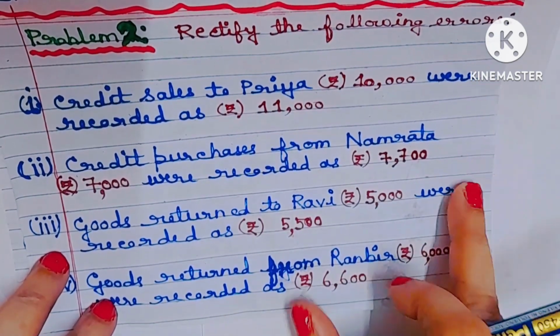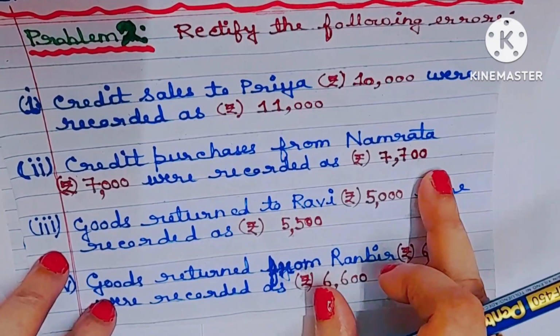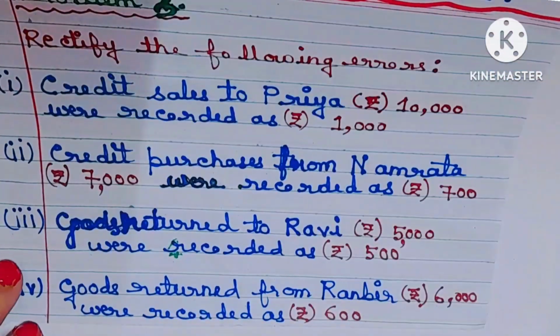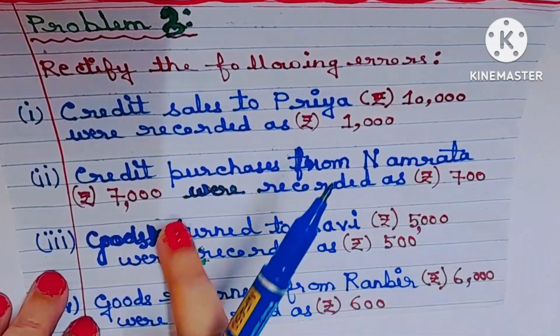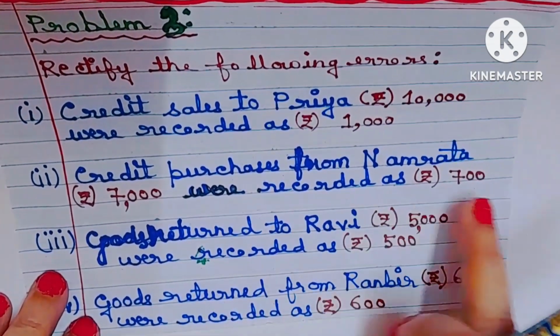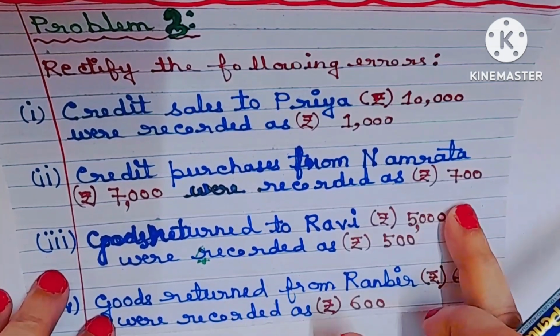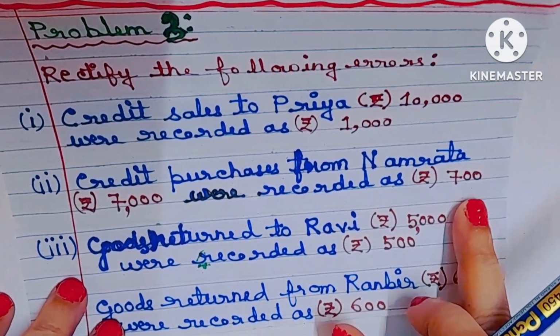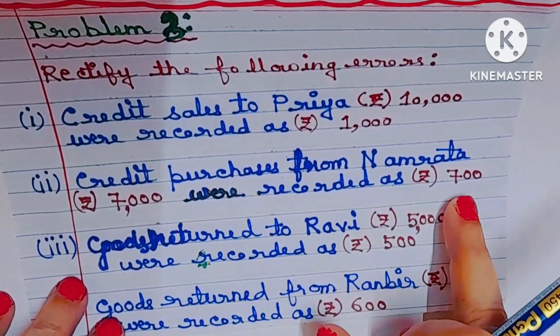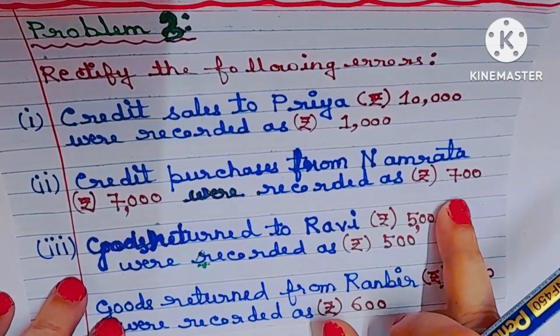But here, less amount has been recorded. See again. In this particular problem, credit purchases from Namrata 7,000 were recorded as rupees 700. So less amount has been recorded, that is rupees 6,300 less. 7,000 minus 700 will give you 6,300.